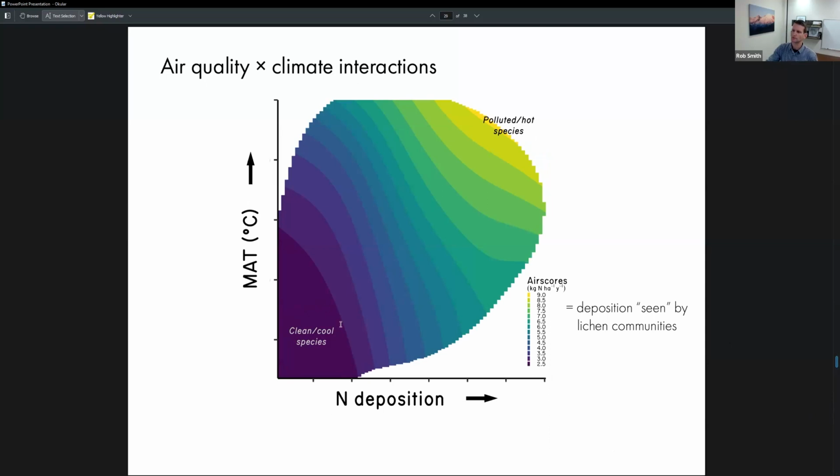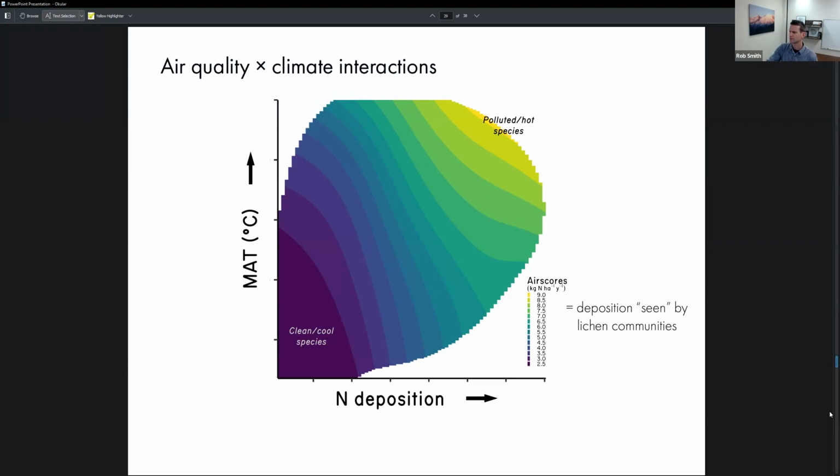You can think of this as a contour surface, just like a mountaintop, where the top of the mountain represents higher air scores, which represent community compositions dominated by pollution tolerant, heat tolerant species. And vice versa, down here in the valley would be these clean, cool species that are characteristic of high ecosystem function, clean sites.